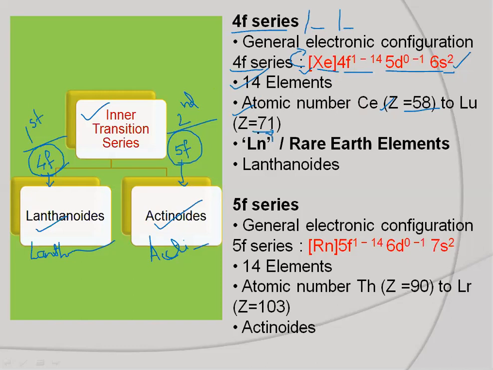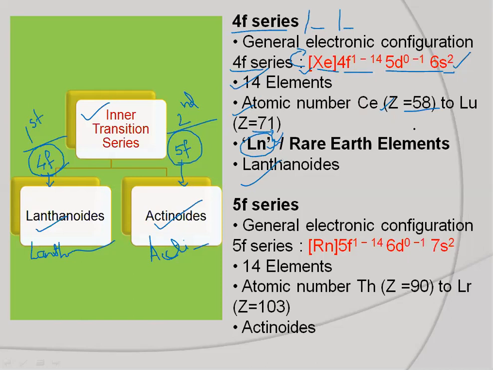All these elements are collectively denoted by Ln, that is lanthanoids. That's why they are also known as lanthanoid. Actually, lanthanum is a prototype. So all these elements are following lanthanum, or they have same physical and chemical properties that of lanthanum. That's why they are known as lanthanoids.